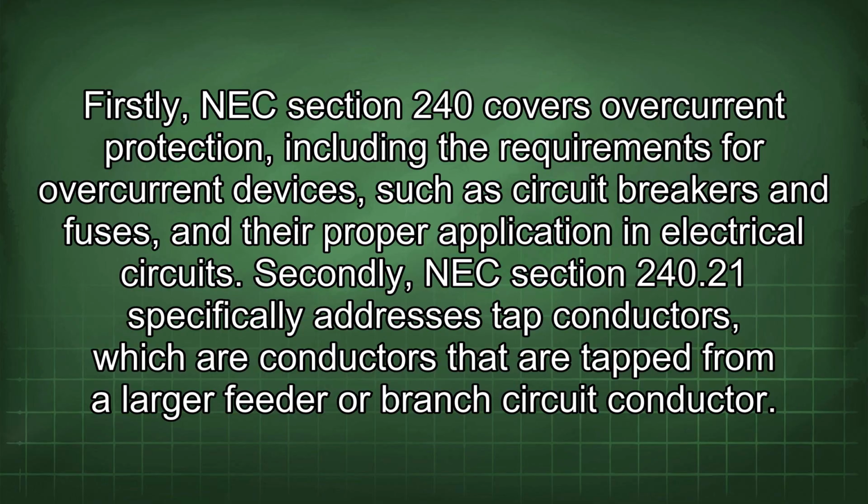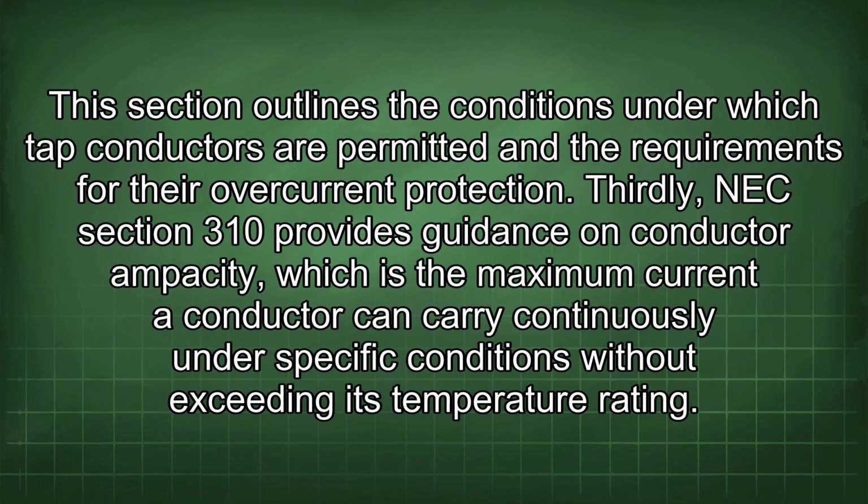Secondly, NEC section 240.21 specifically addresses tap conductors, which are conductors that are tapped from a larger feeder or branch circuit conductor. This section outlines the conditions under which tap conductors are permitted and the requirements for their overcurrent protection.